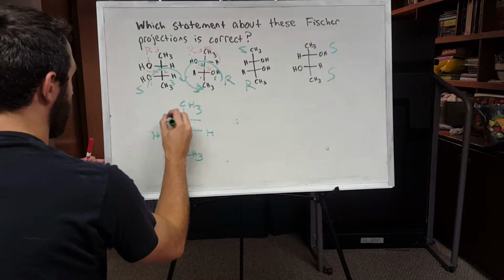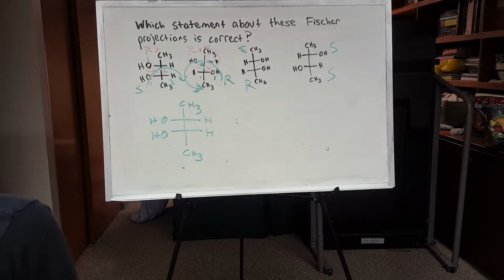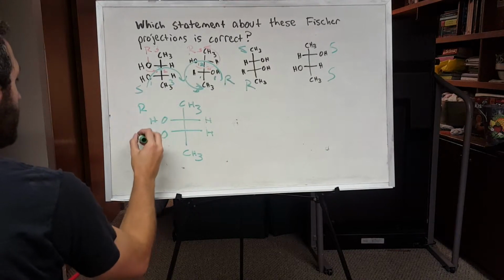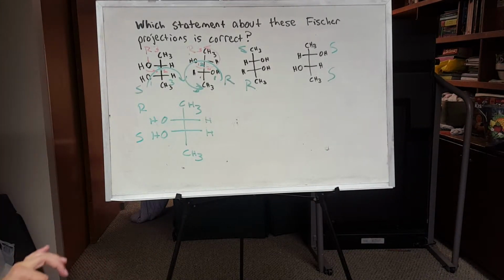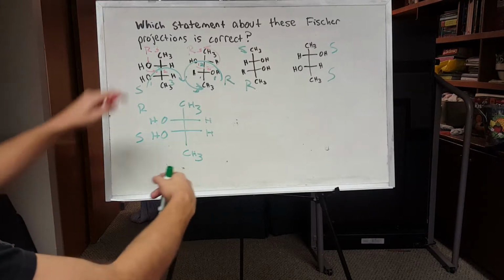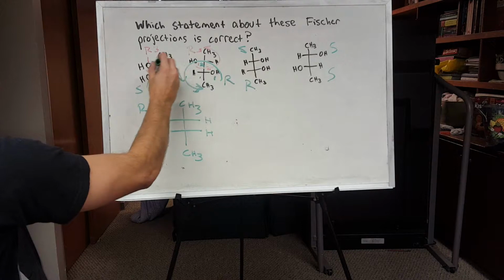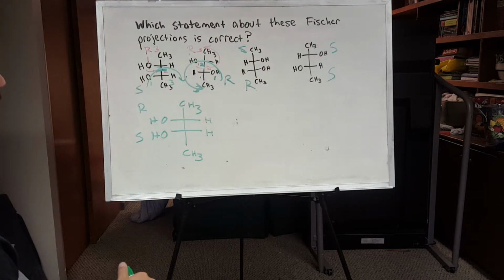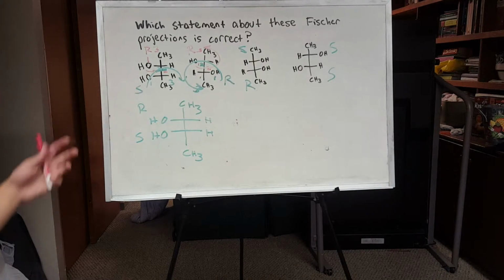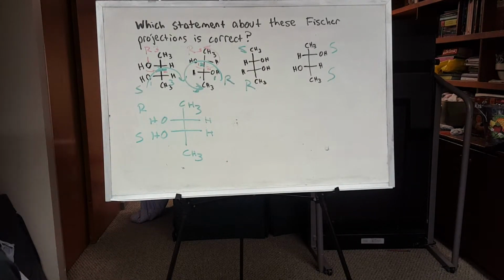H, OH, H. So let's see, we already saw that this guy's R, and this guy is S. For Fischer, you can determine that this is a meso compound if you can flip it over this carbon, just bend it, and it's the same exact thing. So these will be meso, but I like to do this trick.